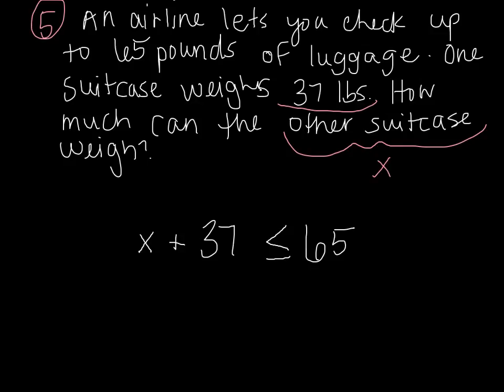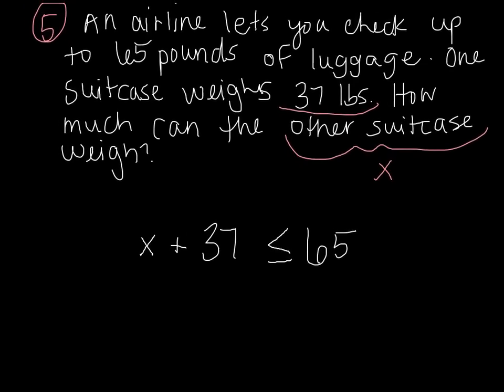Okay, so now we got our handy dandy equation here. It doesn't say it has to be on a graph, so it looks like we just have to solve it.